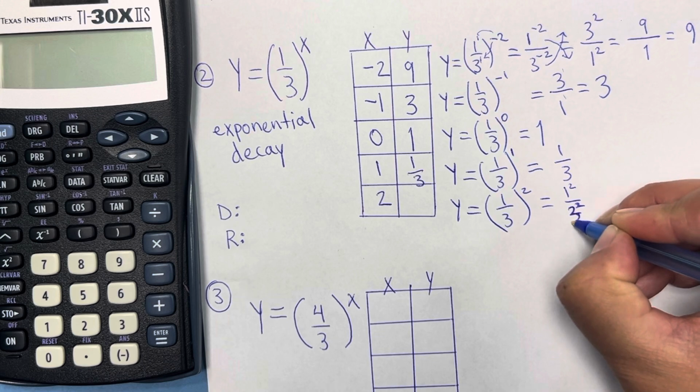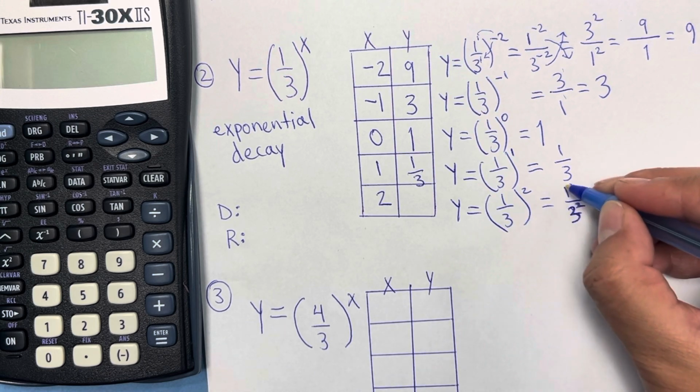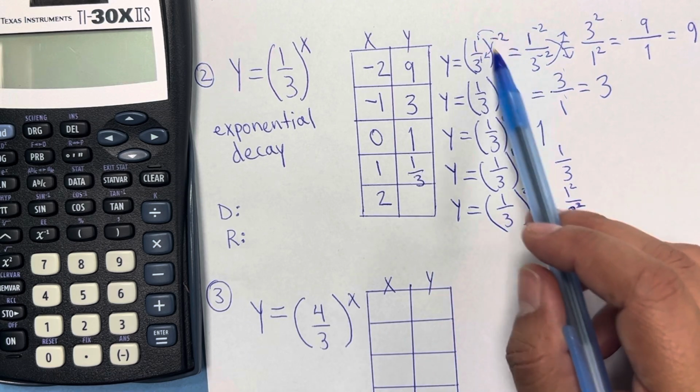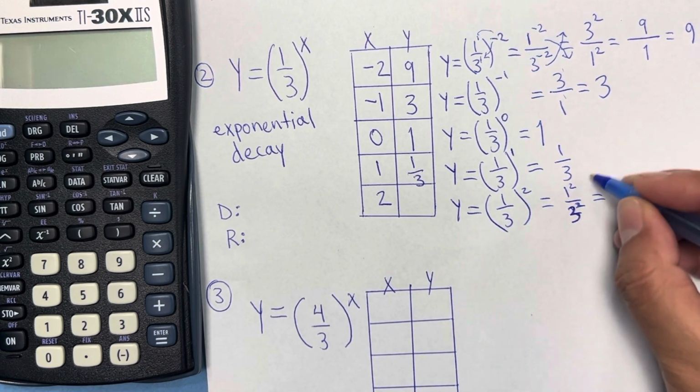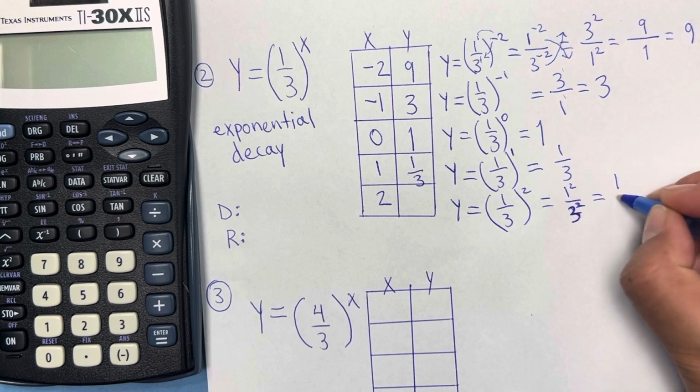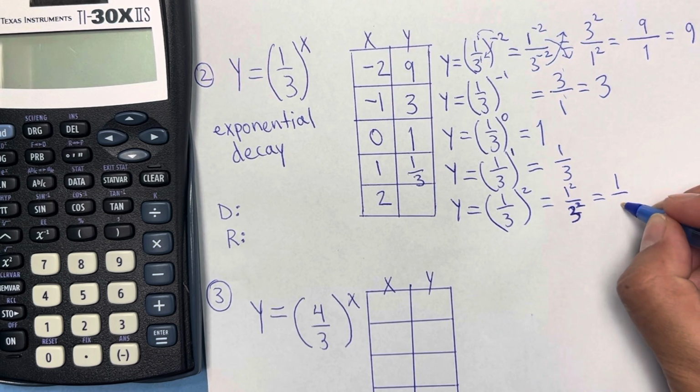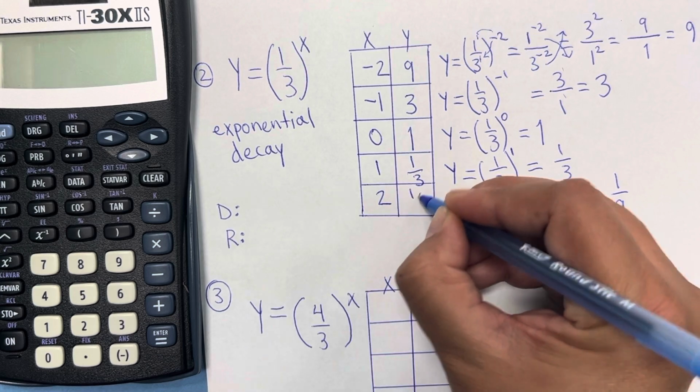Some people ask me why in here we don't send this to the numerator and this to the denominator. We do that only when the exponent is negative, okay? 1 to the 2nd power is 1. We also read it 1 squared. And 3 squared is 9, so 1/9.